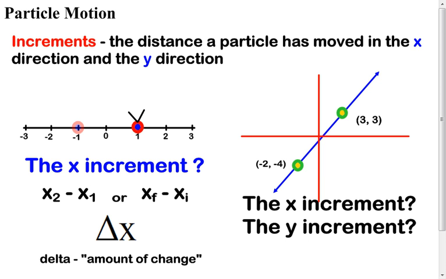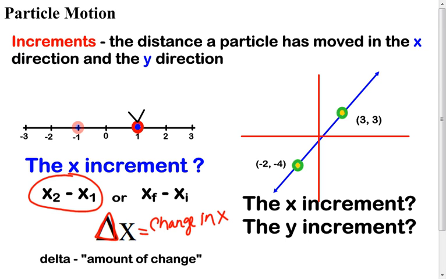If I want to know its x increment, because that's the only way it can move, you can take x2 minus x1, part of finding the slope, okay? This triangle symbol is also called delta, and delta x means the change in x. That's what that means, okay?